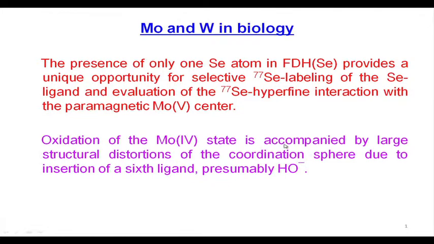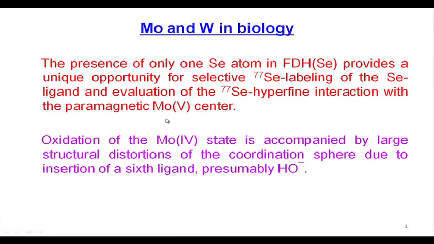During the change of this oxidation state from +4 to +5, we see that when you have the +4 oxidation state, one particular geometry is favored, but when it is going from +4 to +5, another coordination geometry is favored, because the bonding interactions are different and the size of the central metal ion, that means the molybdenum, is also changing. Molybdenum 5 is smaller compared to molybdenum 4.